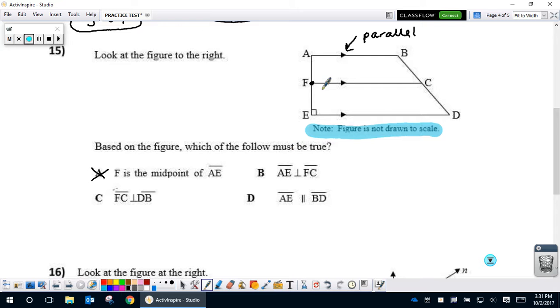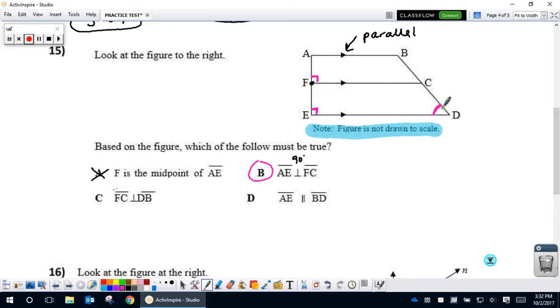Then they're telling us that segment AE is perpendicular, so think 90 degrees, to segment FC. Well, we know that this guy is 90, and remember we're parallel, so our corresponding angles are equal, so that guy is also 90. So this statement could be true.